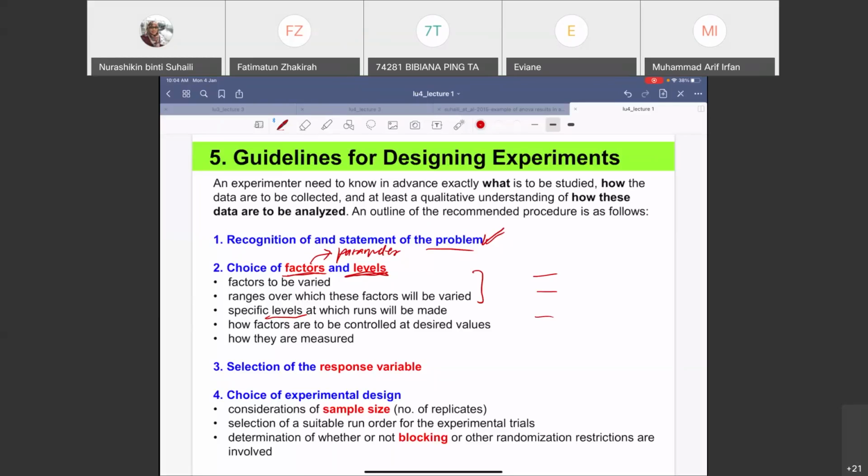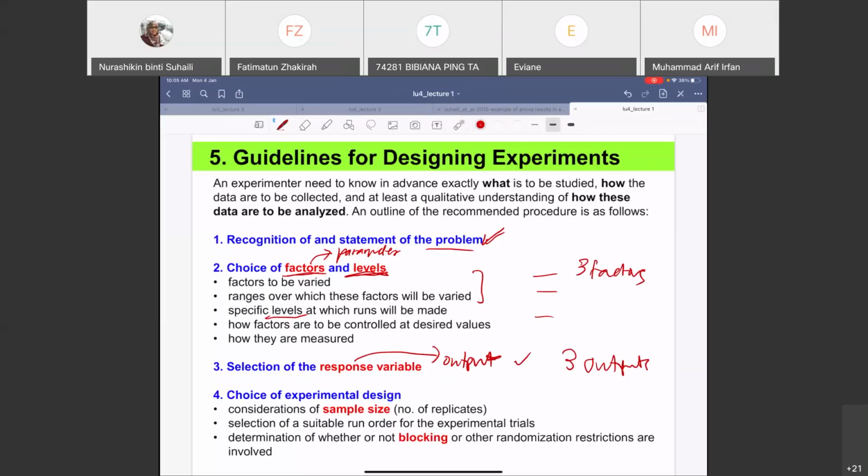Selection of the response variable. Response is the output. Okay? So you must know what are the things that you measure. When there is a parameter, there must be something that comes out, the output. You should find out. So if you are comparing three factors, you must have three outputs at the end, right? If you only have two outputs, it means your study might not be complete.